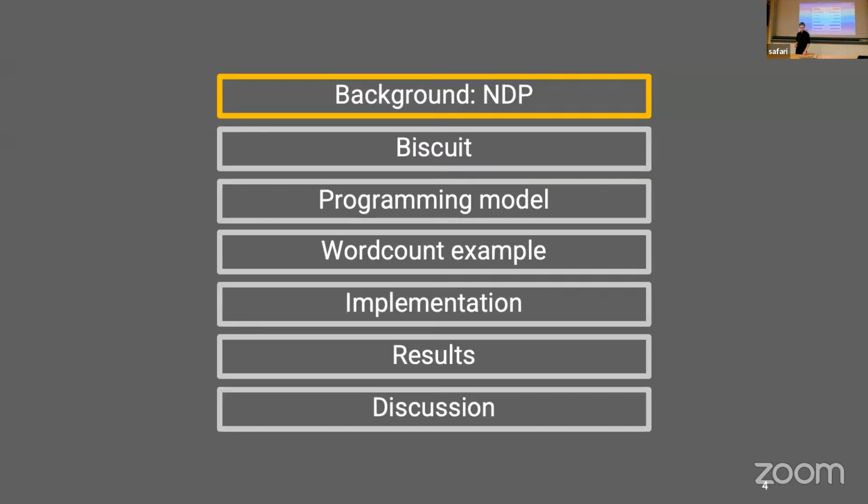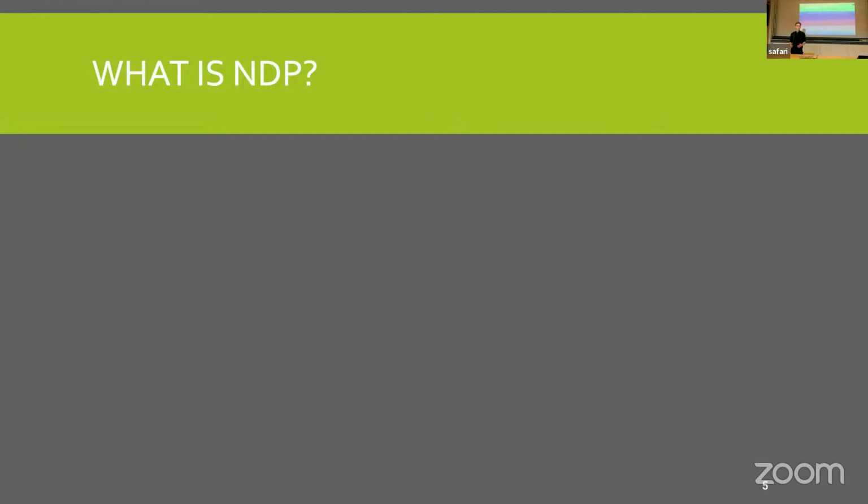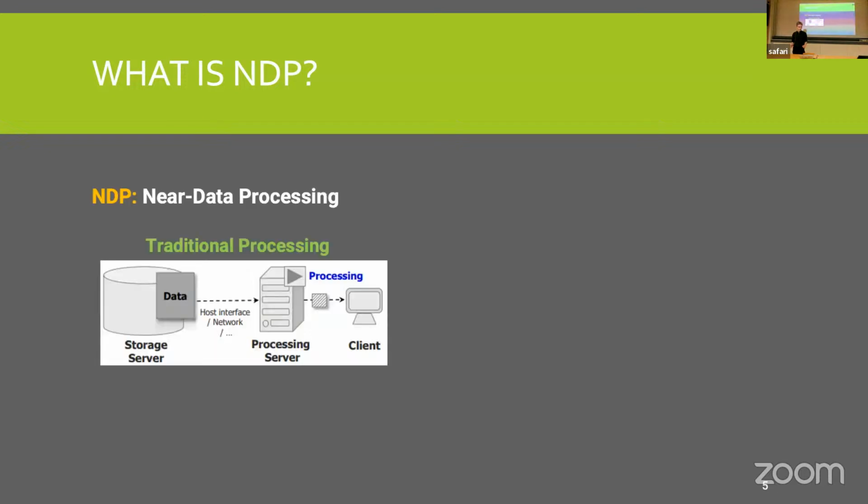So yeah, on the background, I'm sure you're all familiar with it, but NDP stands for near data processing. In traditional processing, we have our storage where data resides, and we have our processing unit, and we move data from the storage to the processing unit, process it, and maybe put it back. So storage is just there to store data.